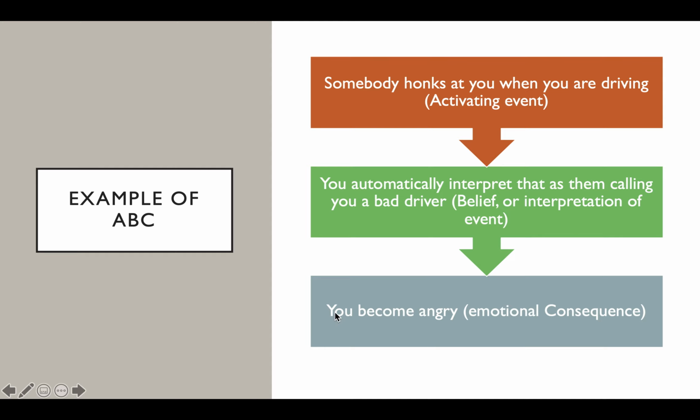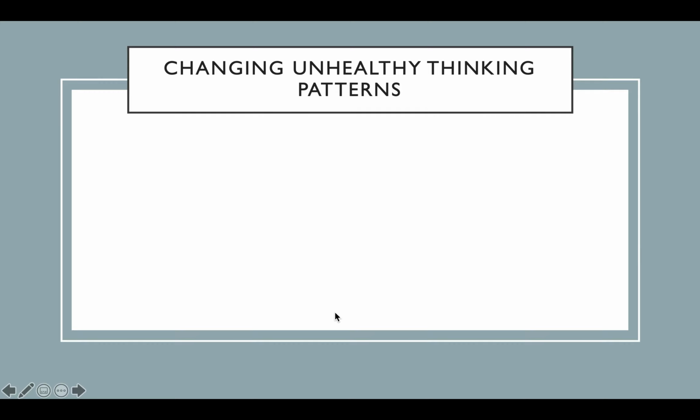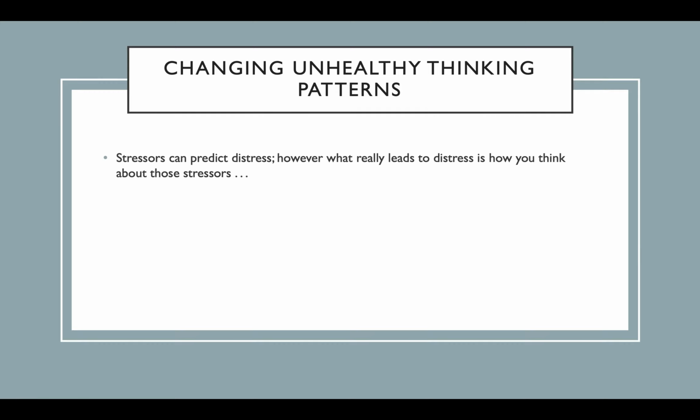So that's basically the ABC model of the cognitive approach. Stressors can predict distress. However, what really leads to distress is how you think about those stressors. So again, the focus is on your interpretation and your belief of what happened as opposed to the event in and of itself.